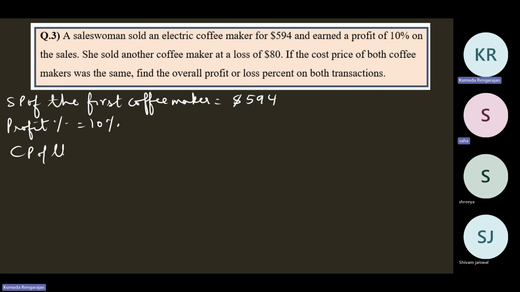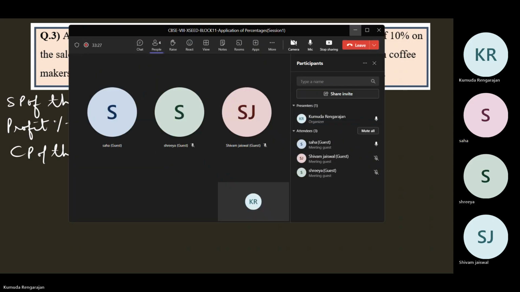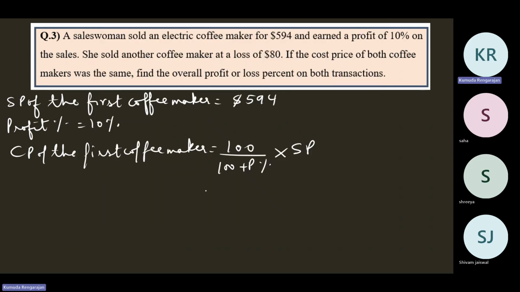Yes. So CP of the first coffee maker is equal to formula 100 by 100 plus profit percent into SP. 100 by 100 plus 10 into 594.